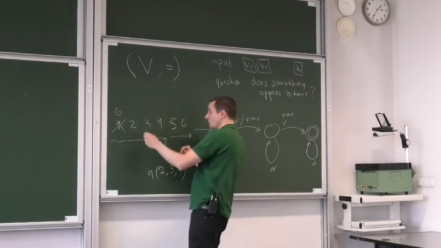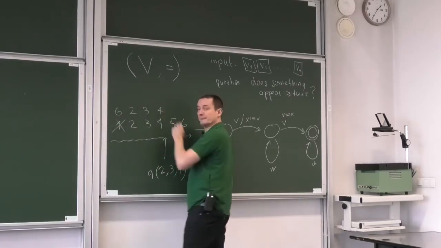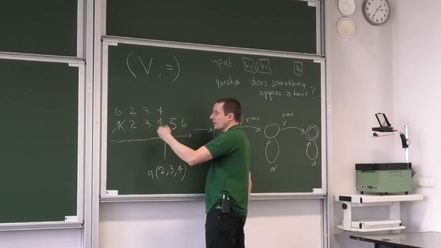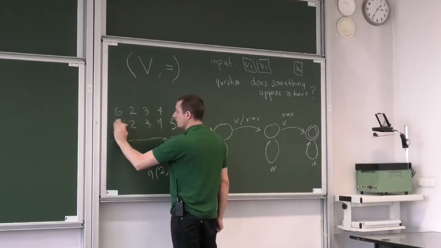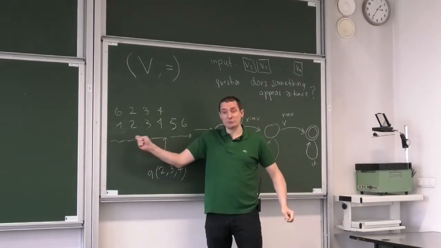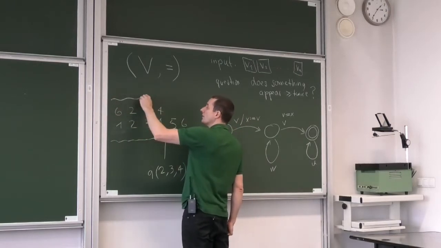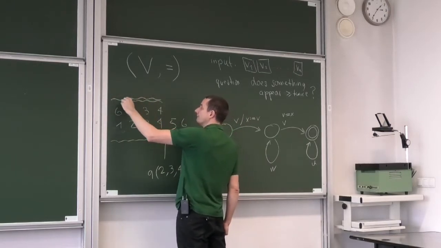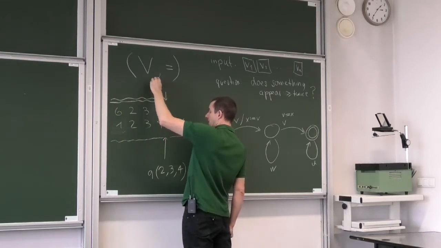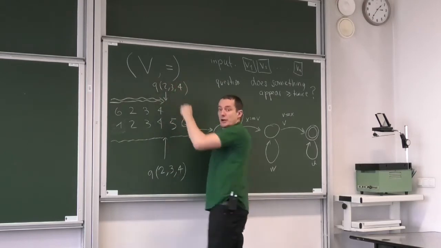So now, if you have these two possible inputs, let me put it like this. This was the one run which accepted. Now, there is a similar run here, which ends up in Q2, 3, 4.